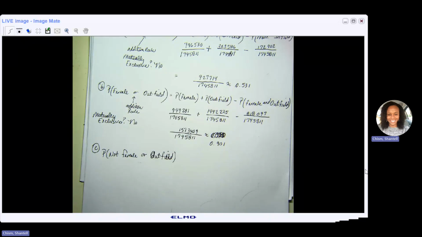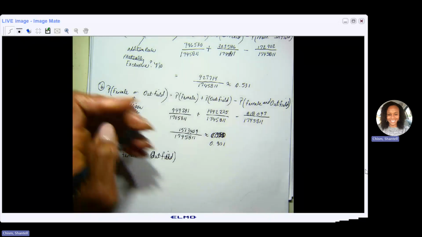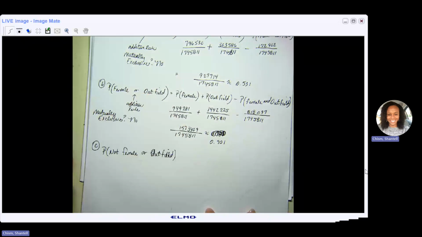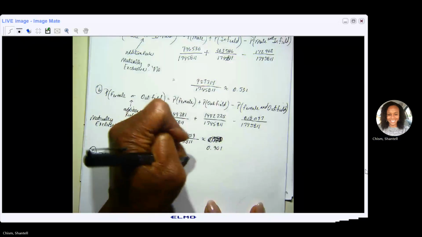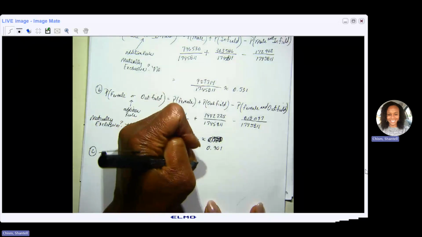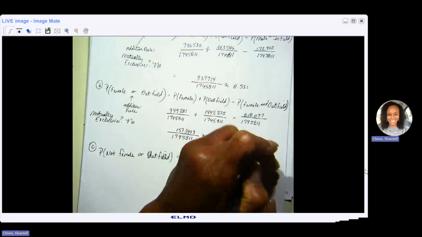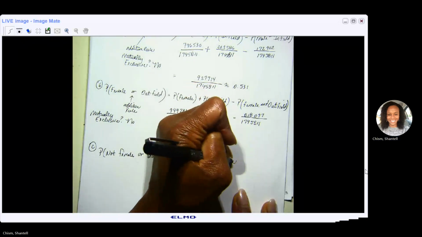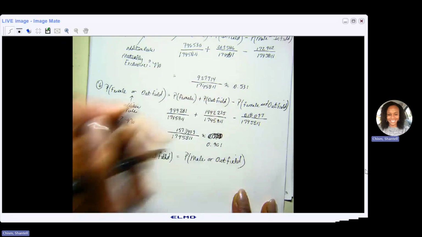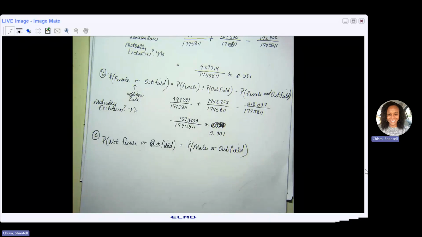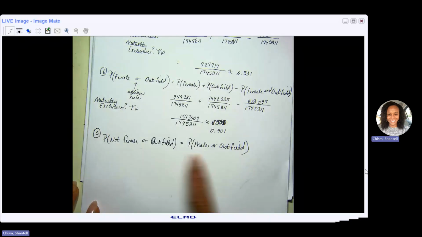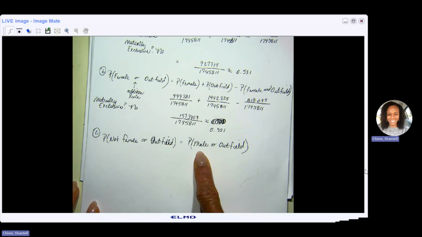We have two options, female, male. So in this case, we're looking at basically just not female. Then that means we're talking about male or degree outfield. Okay, male or degree outfield. So instead of putting not female, let's just change that to what we're focusing on.